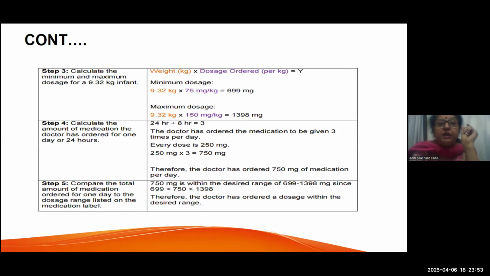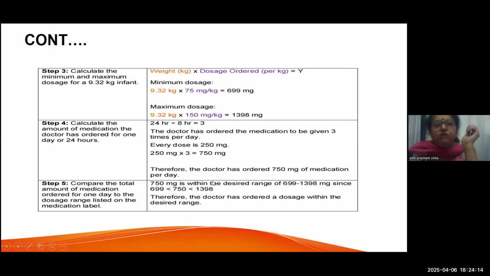Now they are asking whether the medicine which is ordered, between 75 to 150, is the desired order. Is the strength okay for this baby? Yes. Why? Because you know that this 699 is less than 750 and 750 is less than 1398.